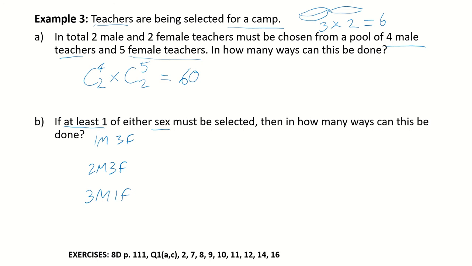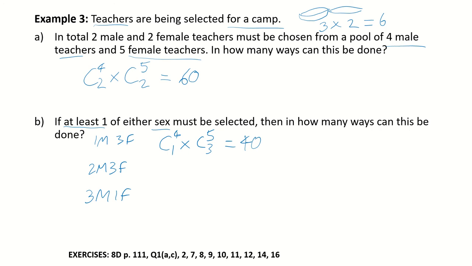So for the first one, 1 male and 3 female. So if we have 1 male from our group of 4, we're only picking 1. And then we're picking 3 females from our group of 5. Well, if we type that into our calculator, 4 choose 1, 5 choose 3, we get 40.